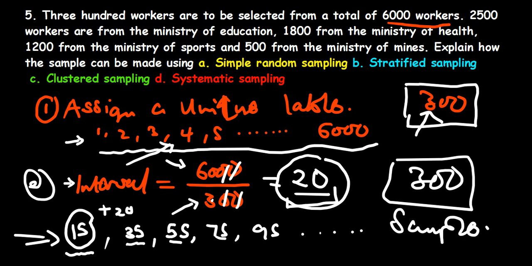Okay, if you pick 6,000, then when you add 20 to this 6,000, because this is the last number, we have to go back to the start. We add 20 numbers from the beginning, so your next number will be 20 and then 40, just like that.